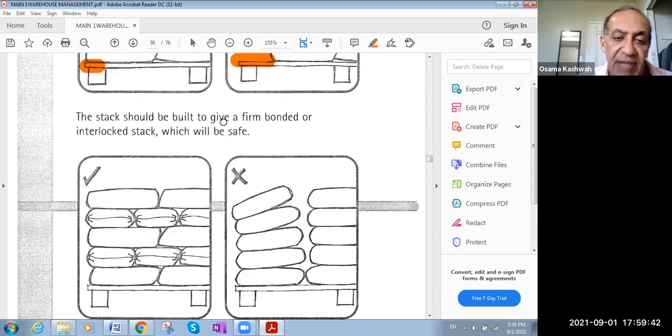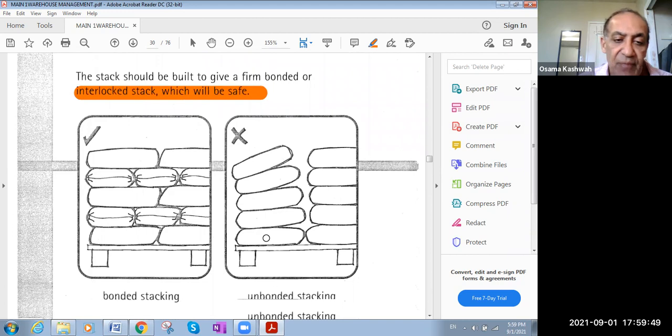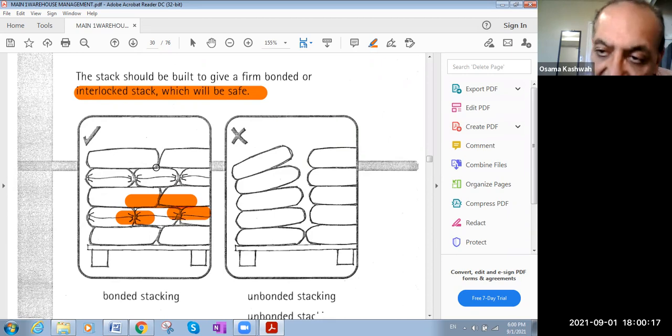Stacks should be built to give a firm, bonded, interlocked stack, which will be safe. So always try to put them in a way that they are bonded to each other. As an example, look at this. You put 1, 2, 3 together, then 2 above them. Part of this one is over 2 of the previous layer, and this one also is bonded above 2 of the previous. So it can hold itself, and nothing will fall.